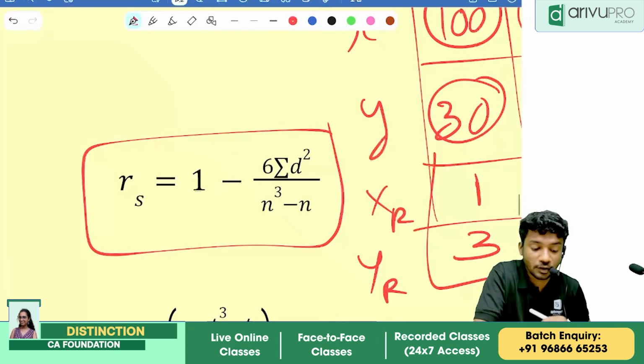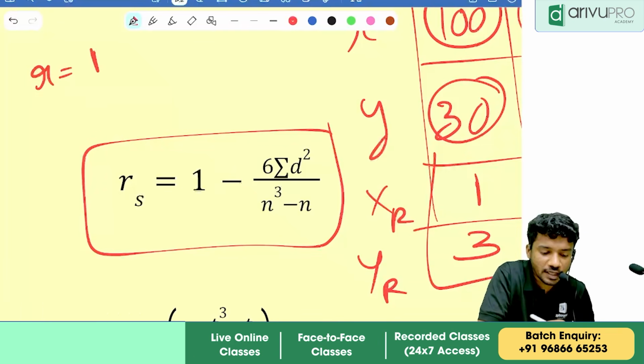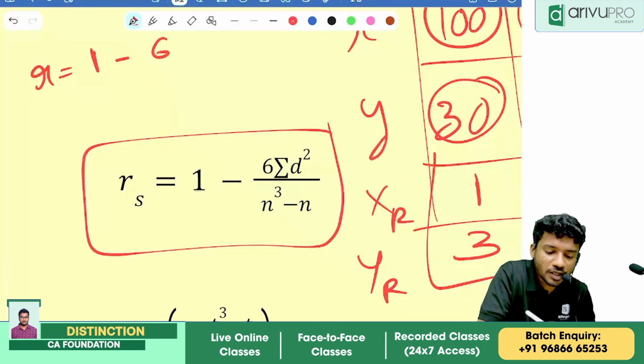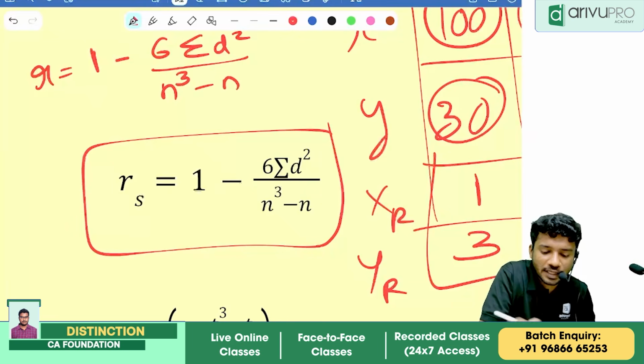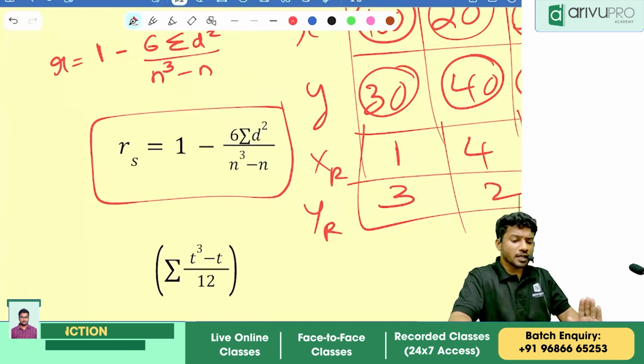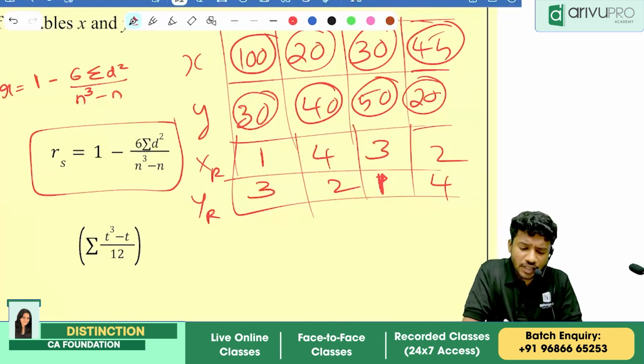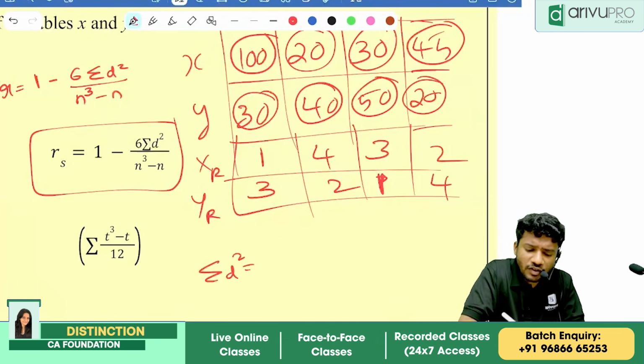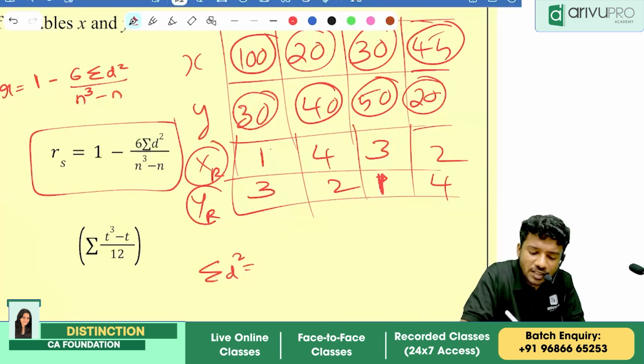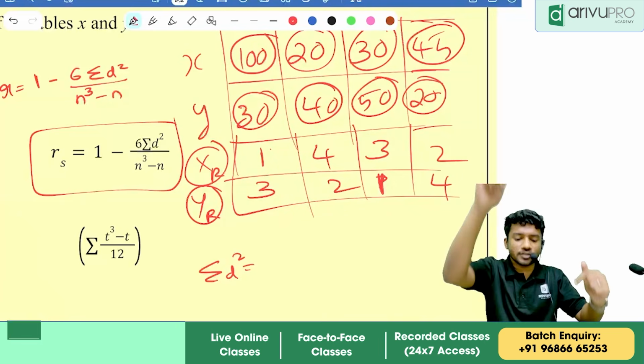Now, I will show you how the equation looks in order to find the correlation coefficient. That is nothing but 1 minus 6 sigma d square divided by n cube minus n. That is the formula. Now people, what is sigma d square? Sigma d square means we will find the difference between XR and YR and take their square.